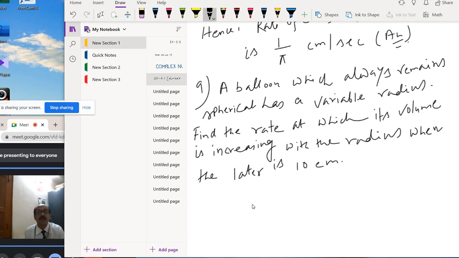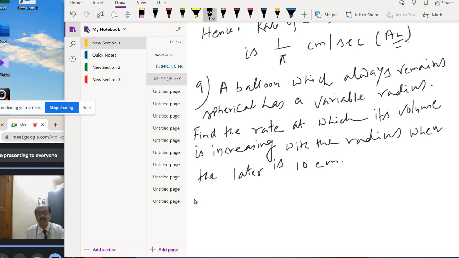So balloon which always remains spherical has a variable radius, which means it is changing, not fixed. Find the rate at which its volume is increasing with the radius when the radius is 10 centimeter.